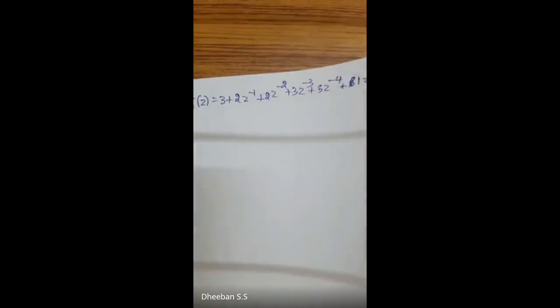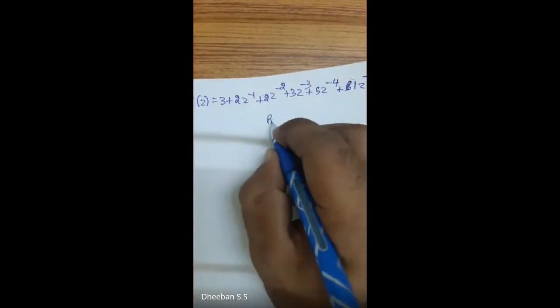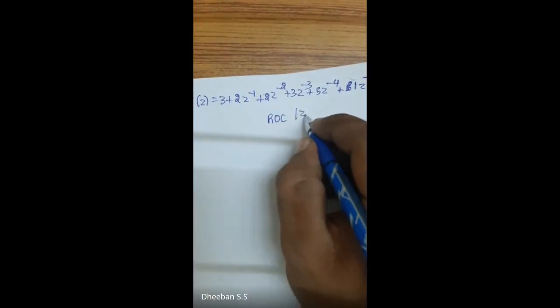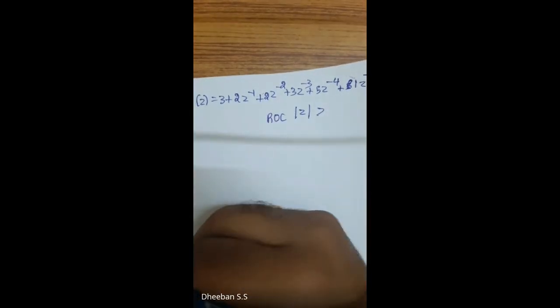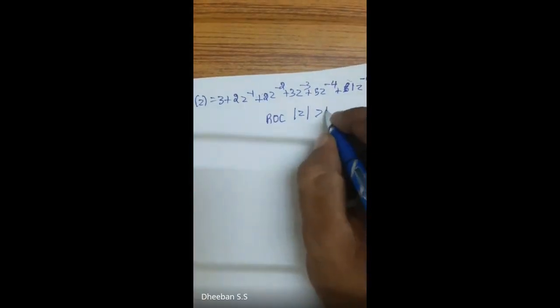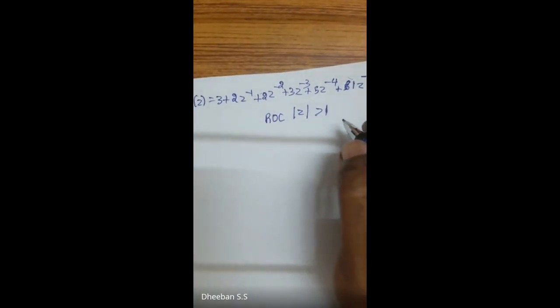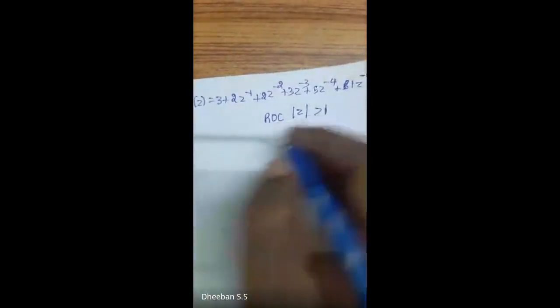Now for the ROC, as I have said, the duration is finite, so you have to take the minimum value. The ROC will be greater than 0. So this is the ROC for this. Okay. This is with respect to example 2. With this, I will be stopping today's lecture.